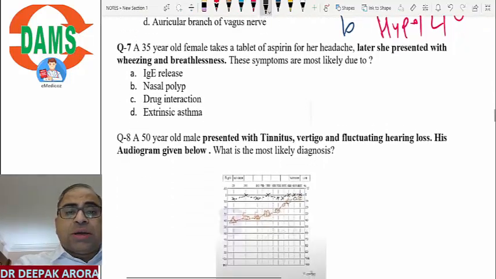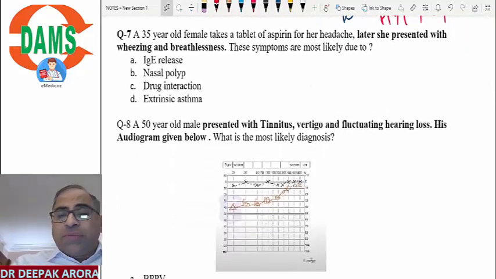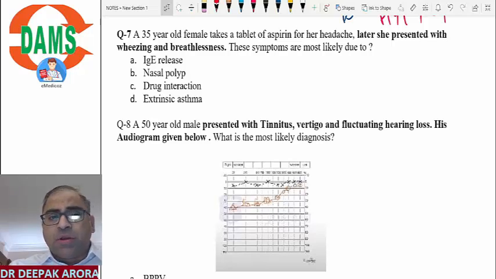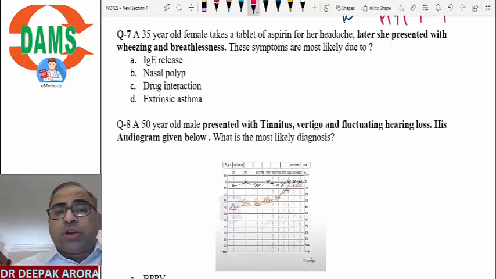Next MCQ, again an old MCQ of your examination. Very important PYQ: 35-year-old female takes a tablet of aspirin for headache. Later she is having wheezing, breathlessness. If this female is having nasal polyp, we are talking about Samter's triad. All these symptoms are precipitated due to IgE release, beta.